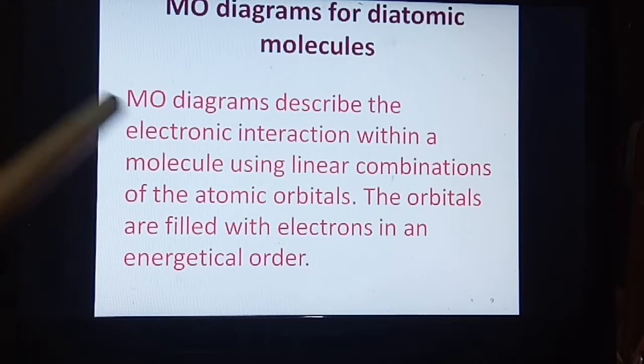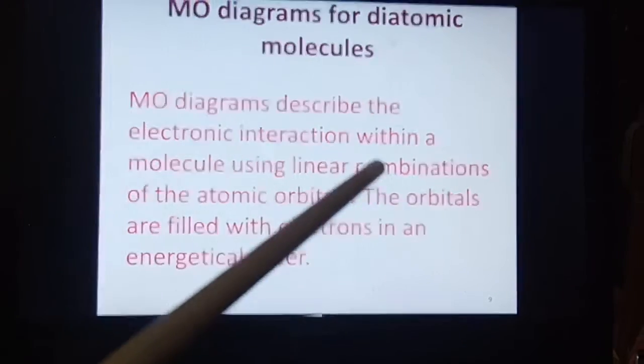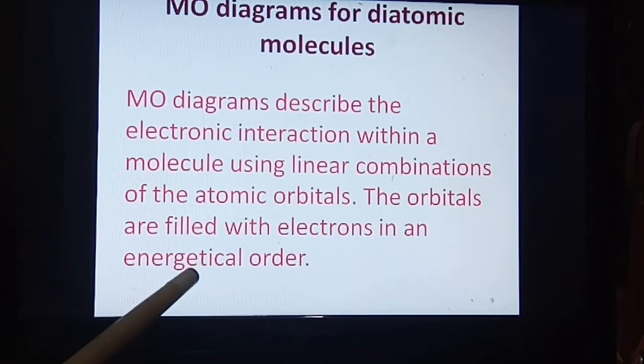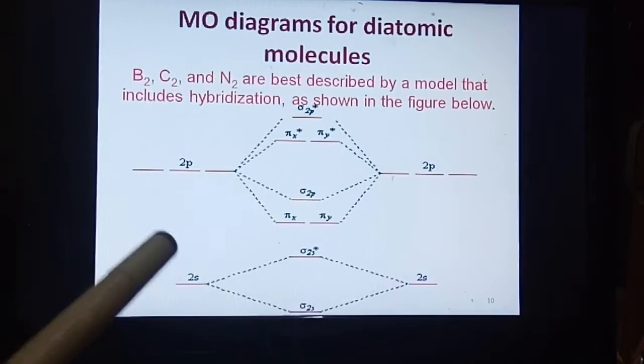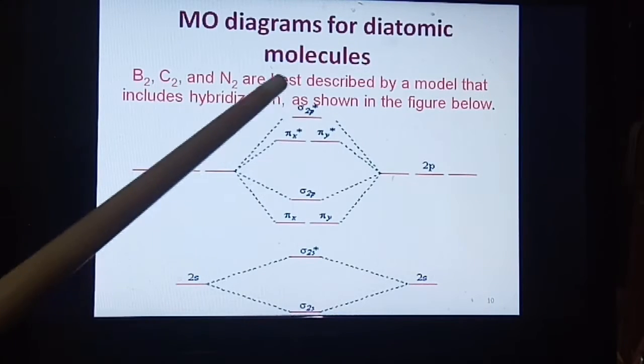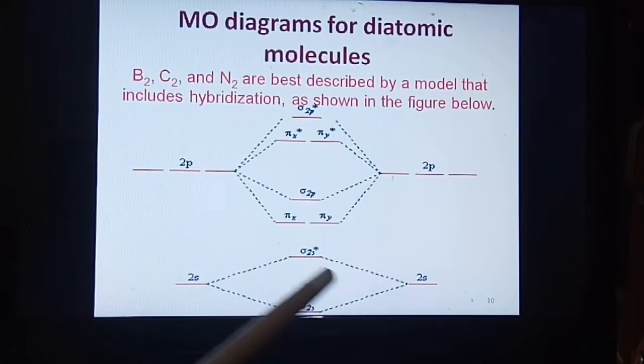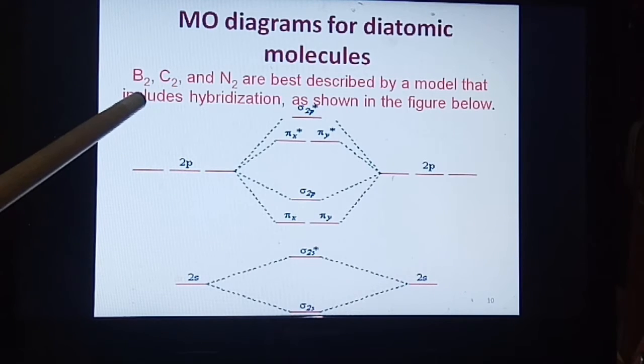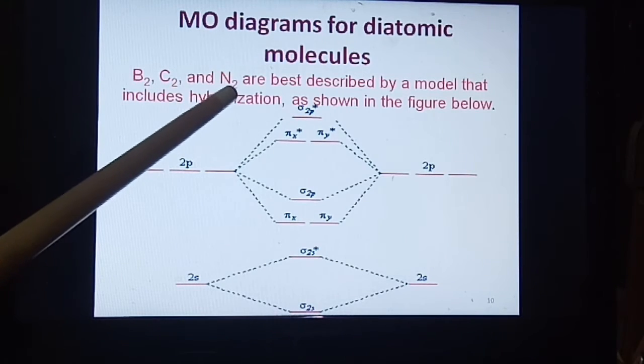The MO diagram describes the electronic interaction within a molecule using linear combinations of atomic orbitals. The orbitals are filled with electrons in an energetic order. This is the MO diagram for diatomic molecules. This MO diagram is used for B2, C2 and N2.